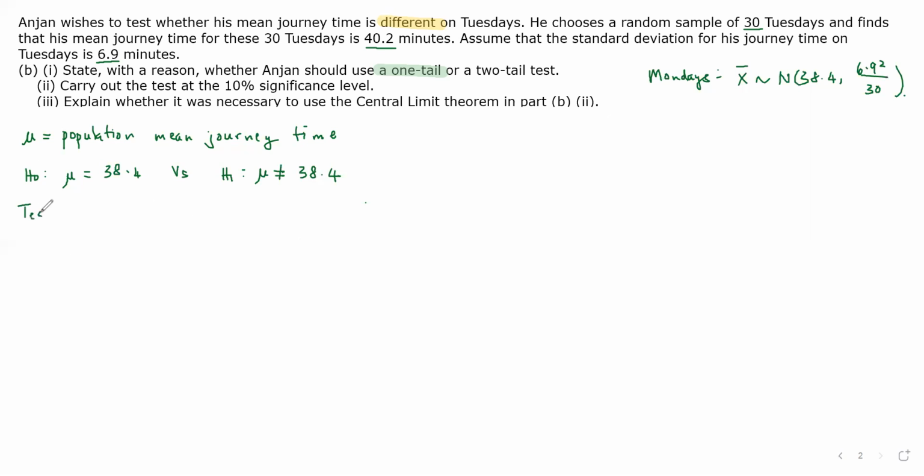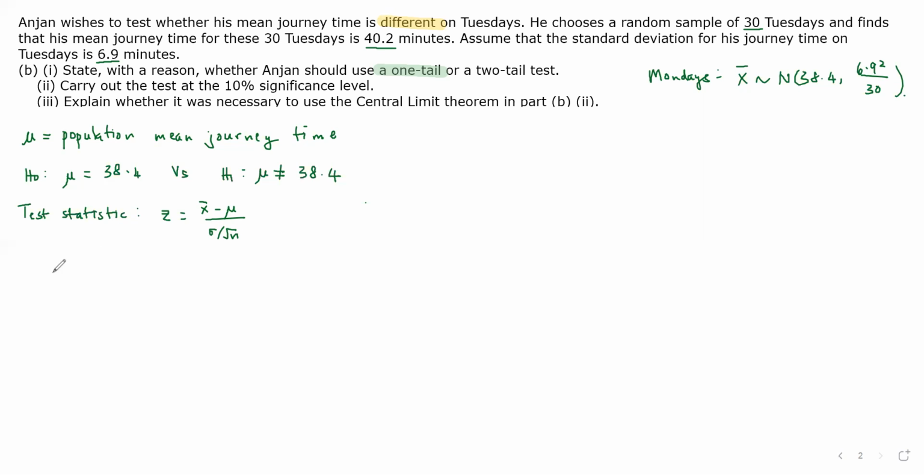The test statistic that we use is a Z statistic. So we have X bar minus mu divided by the standard deviation sigma over square root of n. And here, we assume that this is a population.